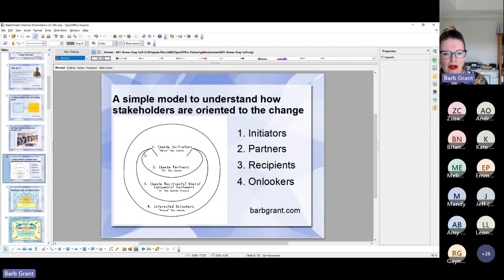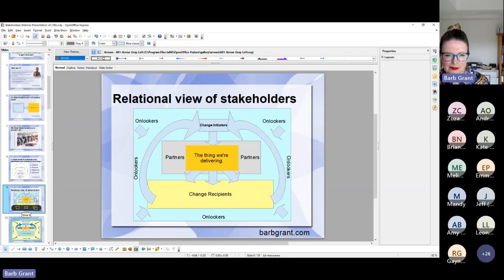So if I take my holistic WE model showing some sort of directional relationships between those at the top initiating and those in the process receiving, then we can start to turn it into this kind of a view, which is when we're starting to think a bit more relationally about who is in this process, how are they playing, how are they oriented to what we're delivering, and what is therefore going to be paramount and forefront in their minds in terms of orienting to what we're actually doing, this thing in the middle, the thing we're delivering.